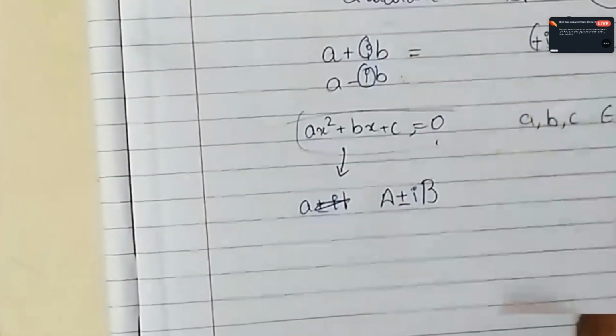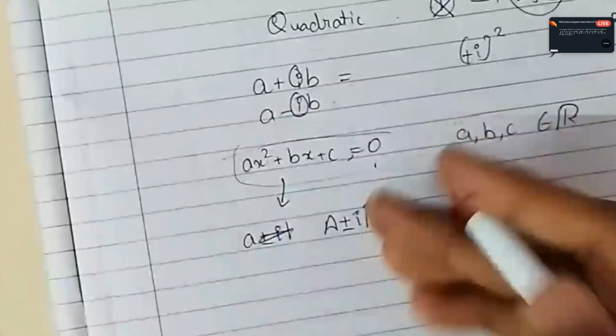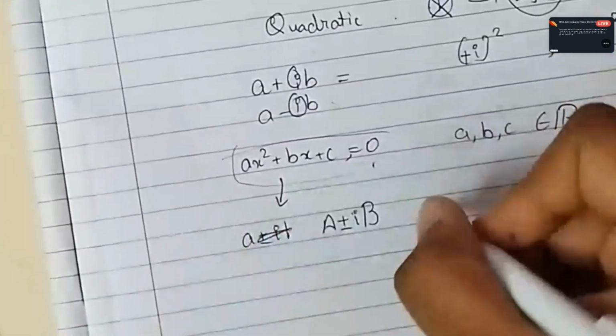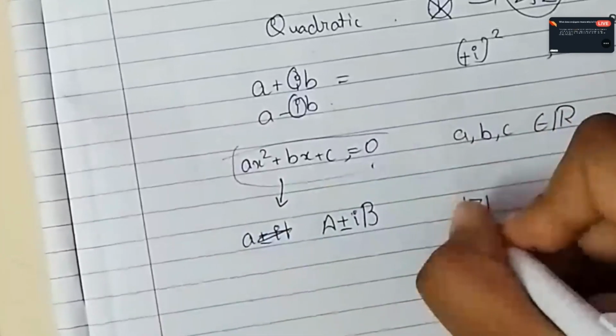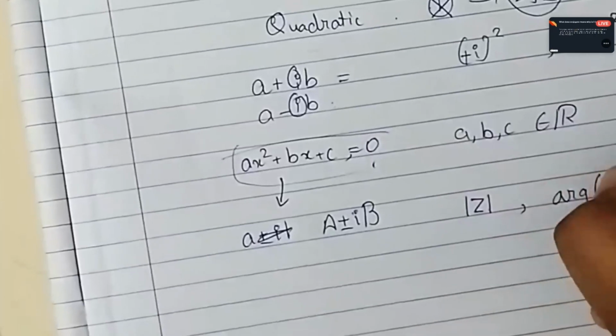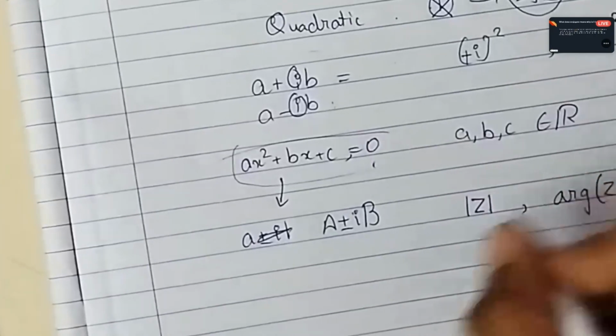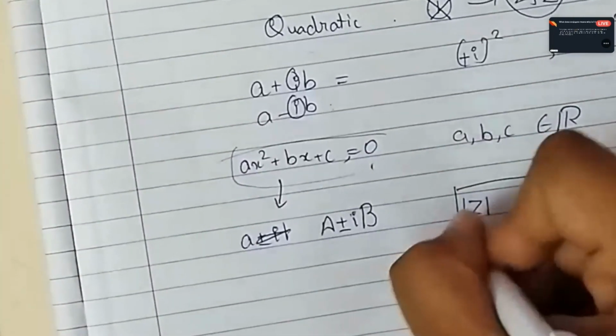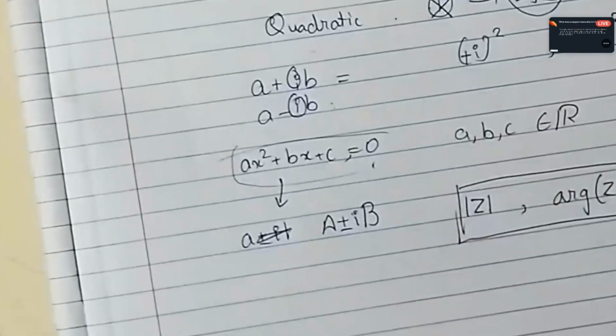So now there are also two terms regarding a complex number, that is the modulus of the complex number and the argument of the complex number. These are the two terms that are properties of a complex number.